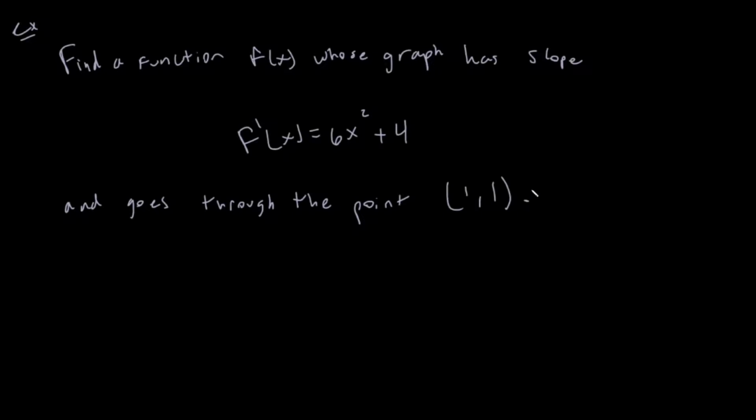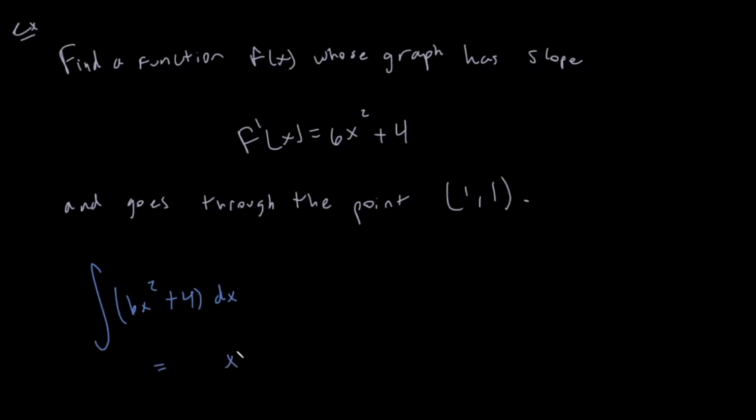So, we are given the slope. I mean, what unit are we in? It's antiderivatives, right? And if you anti-differentiate slope, you're going to get just the original function. So we want the integral of 6x squared plus 4 dx.